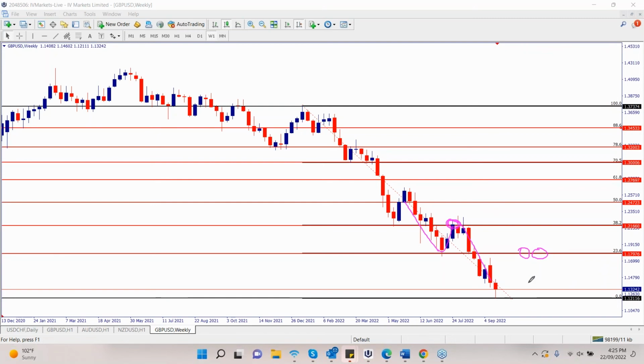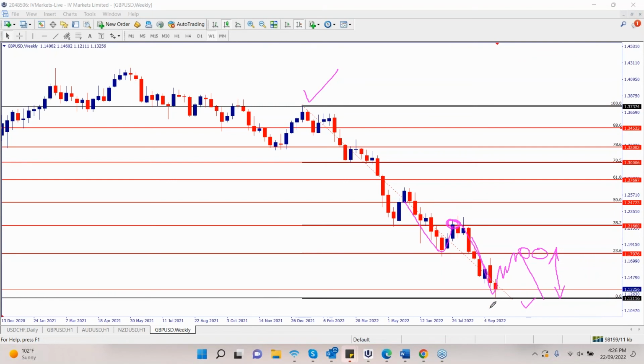Then always remember these high and low levels are very important. If the market is going to reject from the 23.6 level, it means the market is going for the next impulse. But still we have a very strong major support over here.